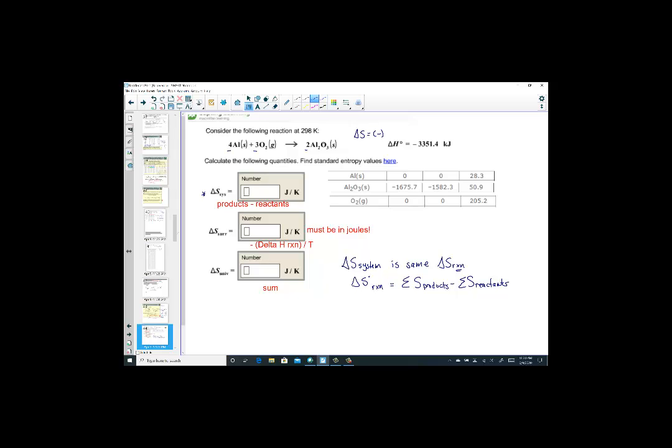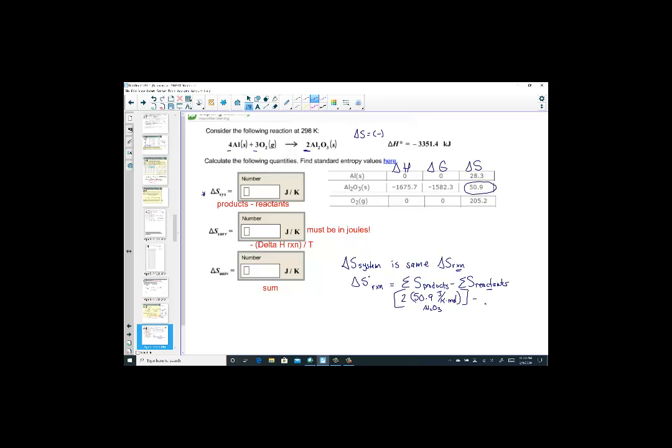Here we have aluminum oxide as our product. Remember, entropy is in the very last column. So that's 50.9, and that's joules per Kelvin mole. And we had 2 moles of it. So this is your aluminum oxide, Al2O3, reported as 50.9 joules per Kelvin mole, and there's 2 moles of it.